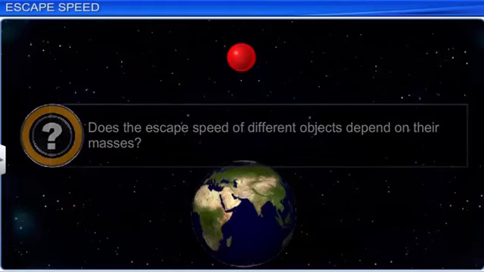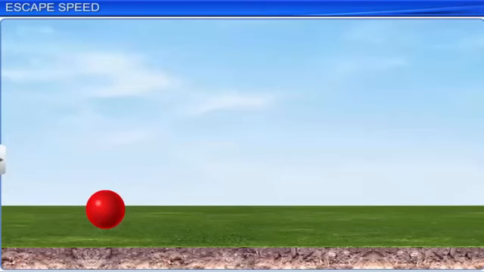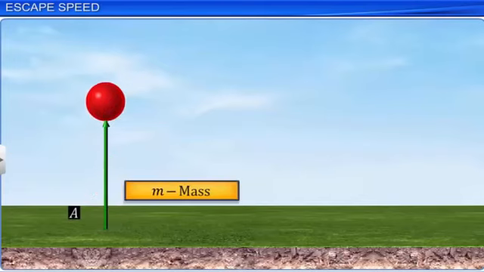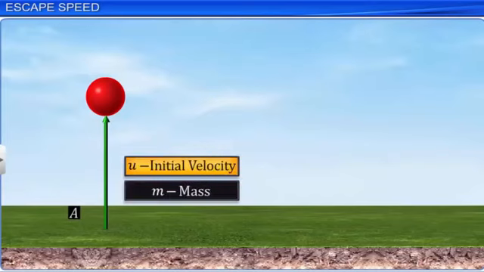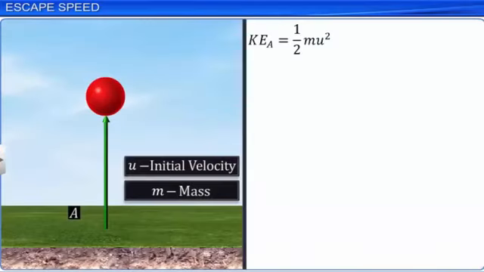Let's answer the question with the same example. Consider a position A on the surface of the Earth, from where the body of mass m is projected vertically upwards with velocity u. Then, its kinetic energy at the surface of the Earth is given by half m u square.